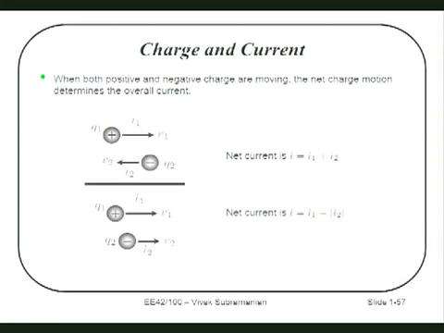What's the current? 0. So the mere fact that you have motion of electrons does not mean you have current. You have to have a net motion of charge. So in this case, you would have 0 current, despite the fact that you have electrons and holes flowing.